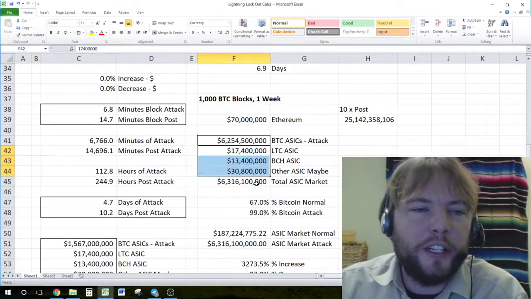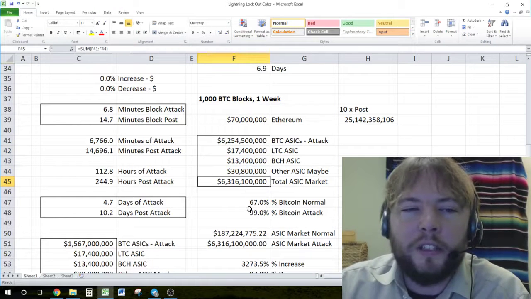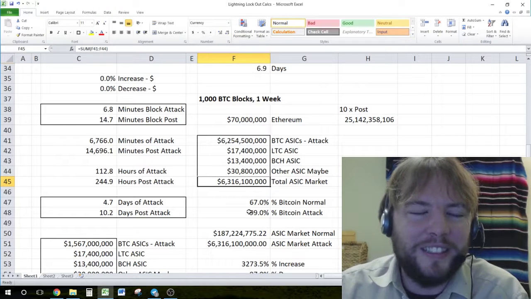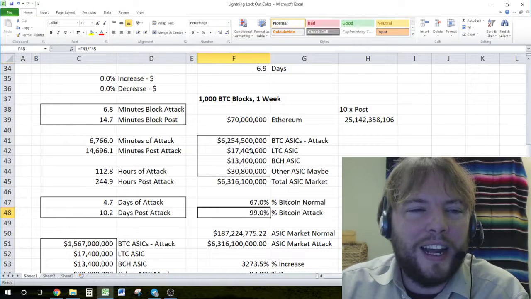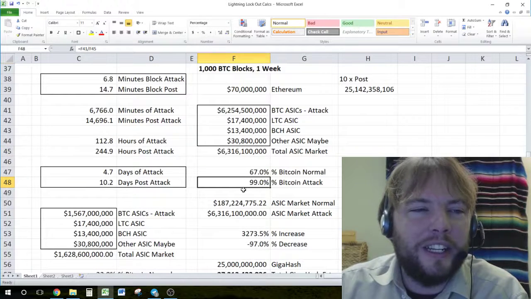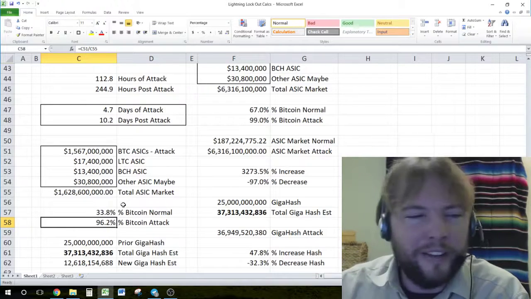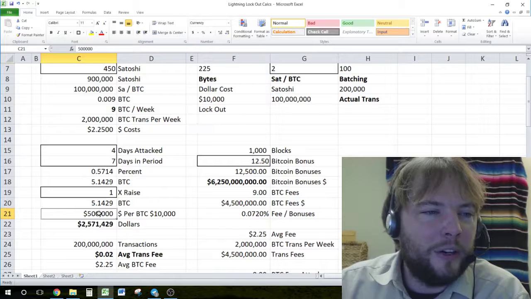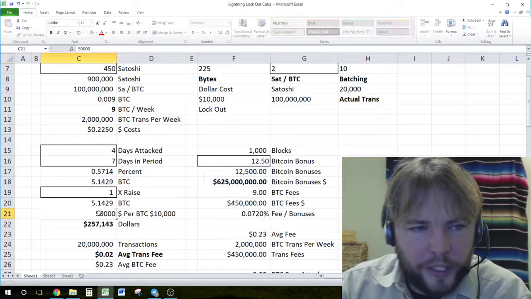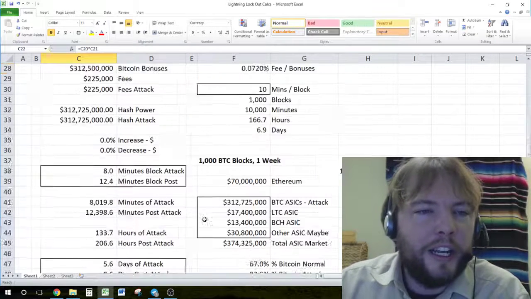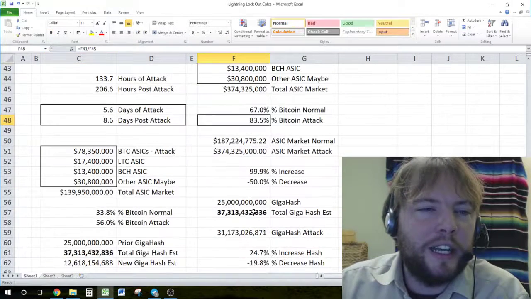So if they don't increase in value at all, if Bitcoin obtains a market dominance of 99% like it once had, oh, the glory days, no, 95%, whatever, then Bitcoin would effectively secure 99% of the available hash of all ASICs. And here it's a very similar situation. Now also, if Bitcoin goes to, actually, let me just say $25,000, again, it starts to secure like 83%.